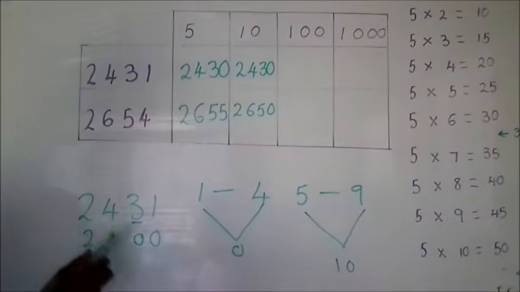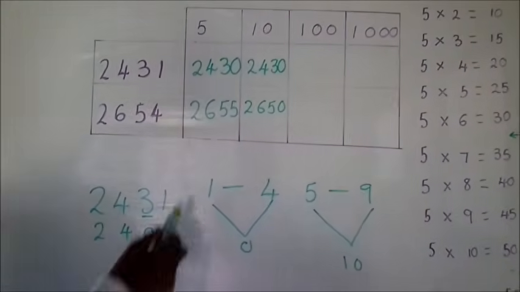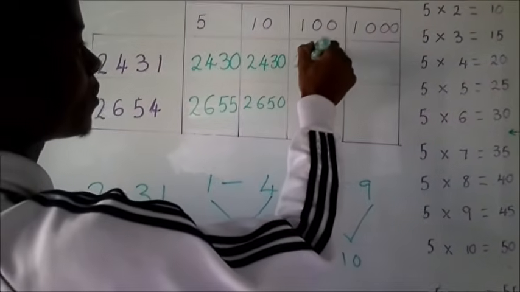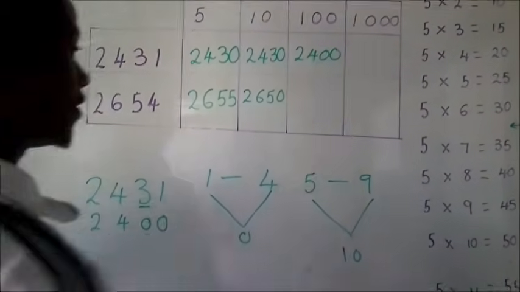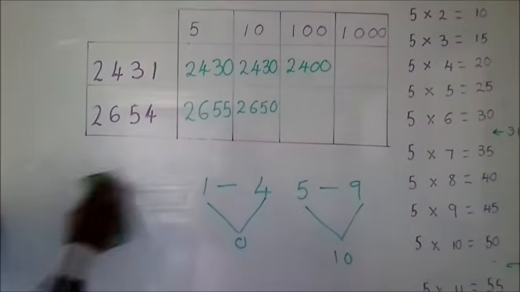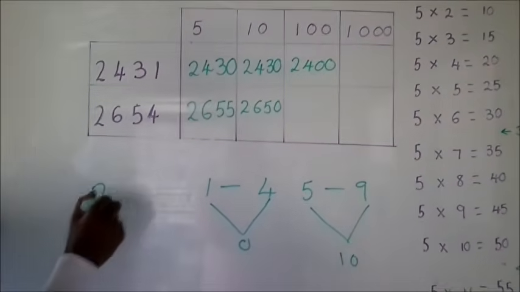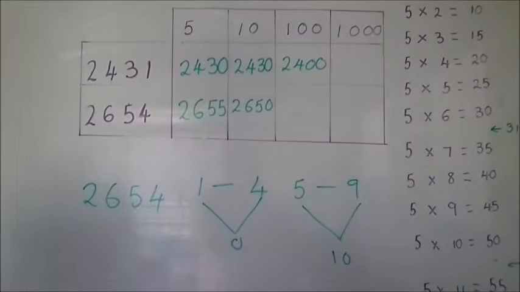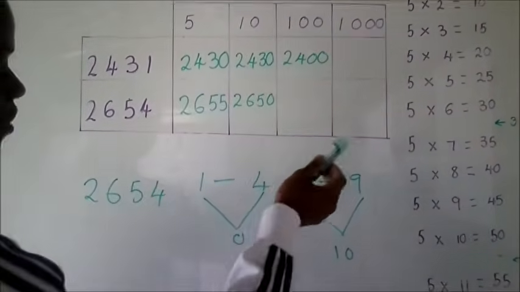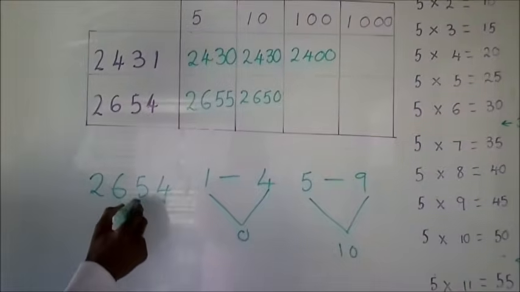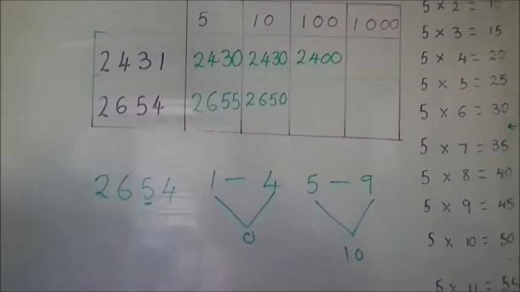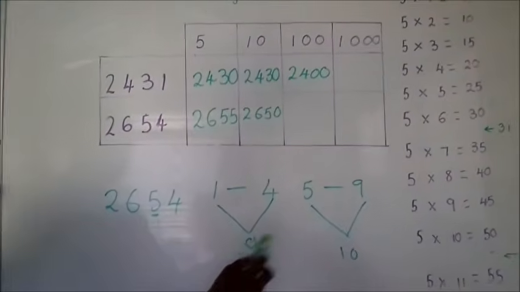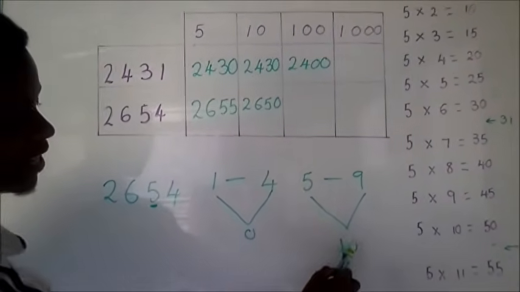So 2431 to the nearest 100 is 2400. How about 2654 to the nearest 100? Remember 100 is 2 zeros, so I'm gonna count 2 digits, 1 2. Then I underline it. Is 5 nearer to 10 or is 5 nearer to 0? 5 is here, so 5 is nearer to 10.